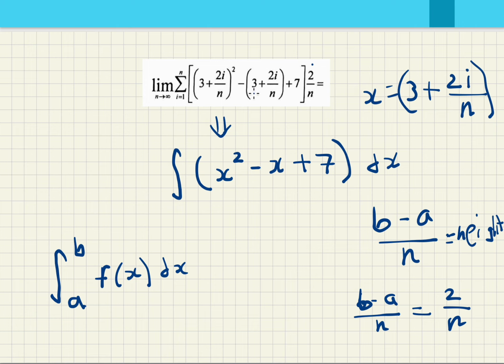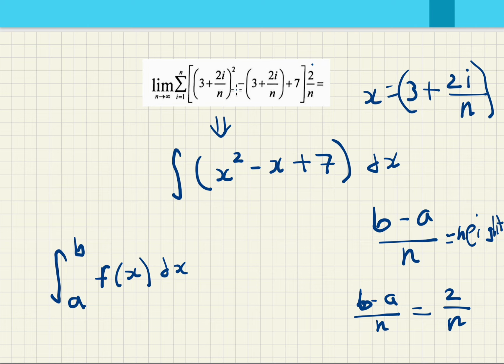The a value is whatever term that is added or subtracted to the term which contains i over n. So what I mean is, within the value for x, if any constant is added or subtracted to the term with i over n, that is our a value.